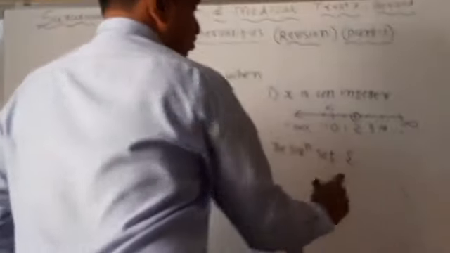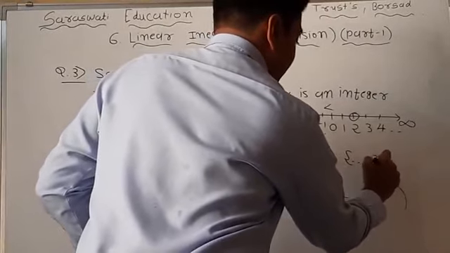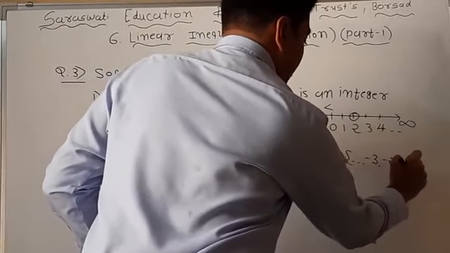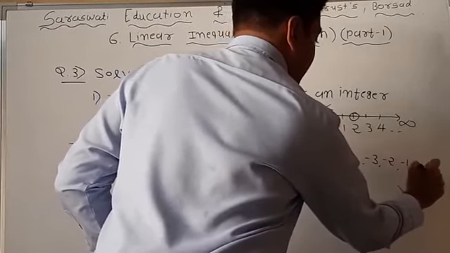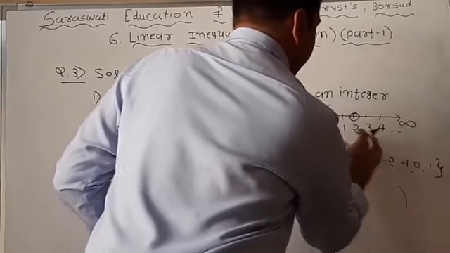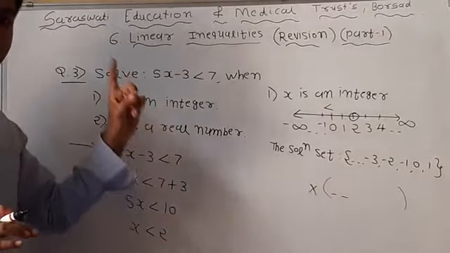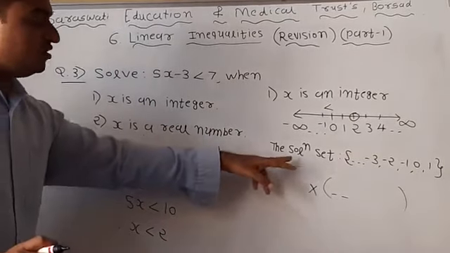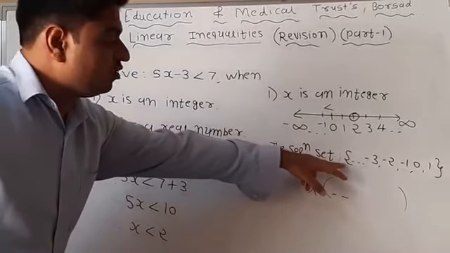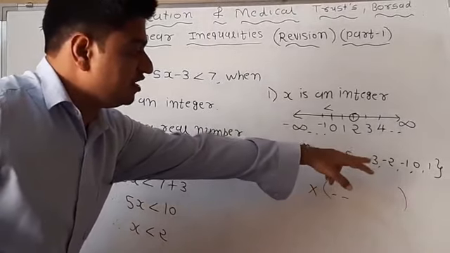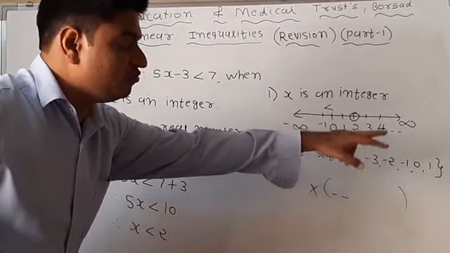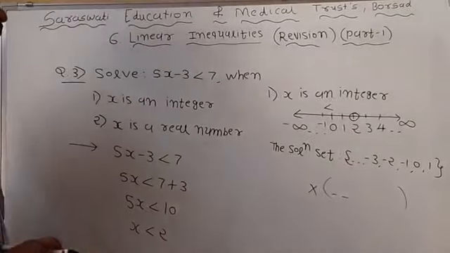Clear? So here write -3, -2, -1, 0 and 1. Since x less than 2 is present, we cannot include 2. So our answer is the set of -3, -2, -1, 0, 1.